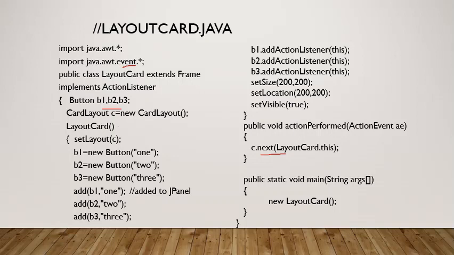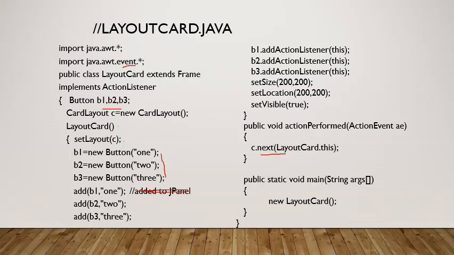Like this is a constructor, set layout card layout C, define all the 3 buttons, then add B1, B2, B3. Then here this one is not added to JPanel. Swing components we are not working on right now. Okay, so this is not there.